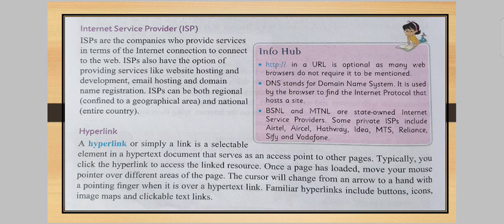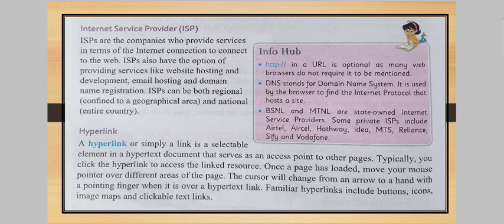Next is hyperlink. A hyperlink, or simply a link, is a selectable element in a hypertext document that serves as an access point to web pages. Typically, you click the hyperlink to access the linked resource. Once a page has loaded, move your mouse pointer over different areas on the page.